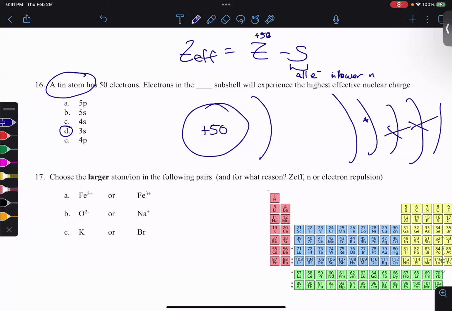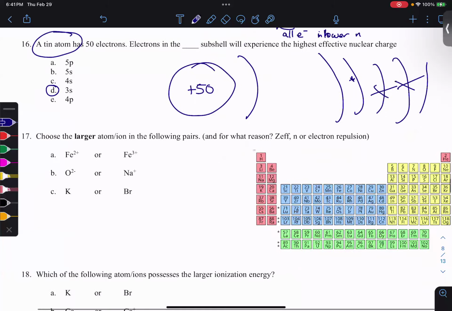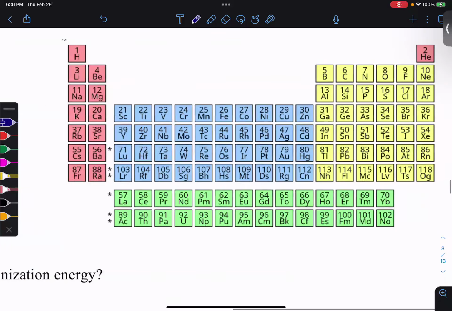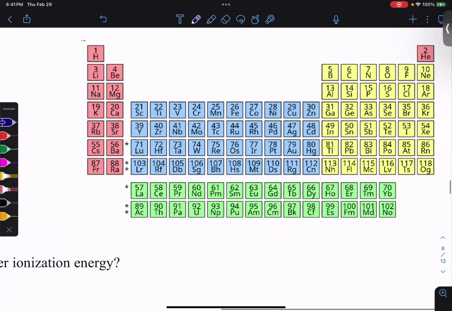D block, it gets weird. But here's how you do it. Here's a periodic table. So let's do tin. Remember the trick with effective nuclear charge for valence electrons? What's the trick? It's always the group number.